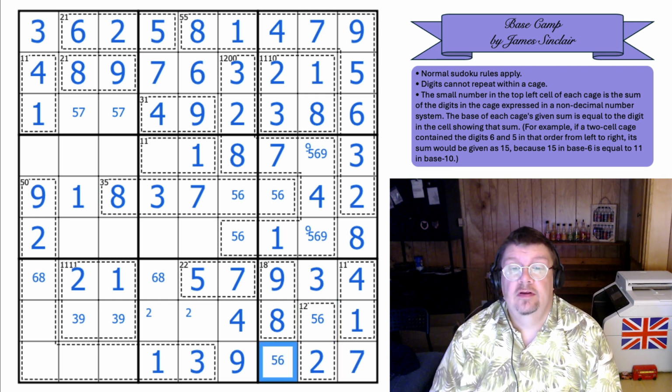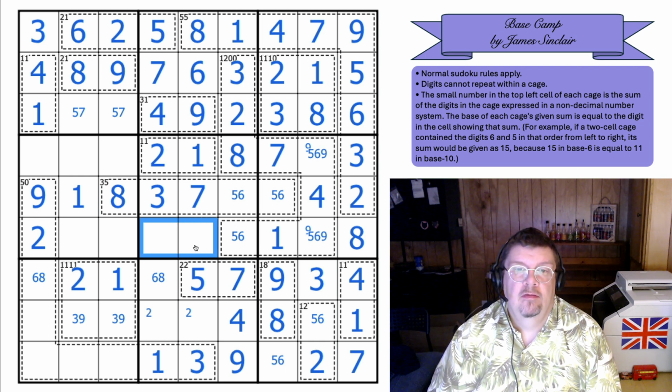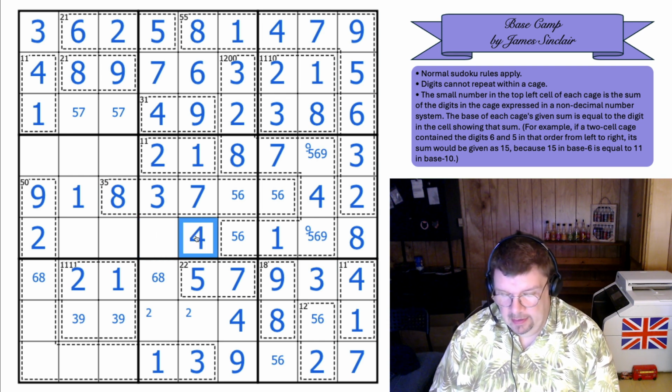So that's a 5 or a 6. Two in this box goes here. So this is a 4-9 pair which we can place.